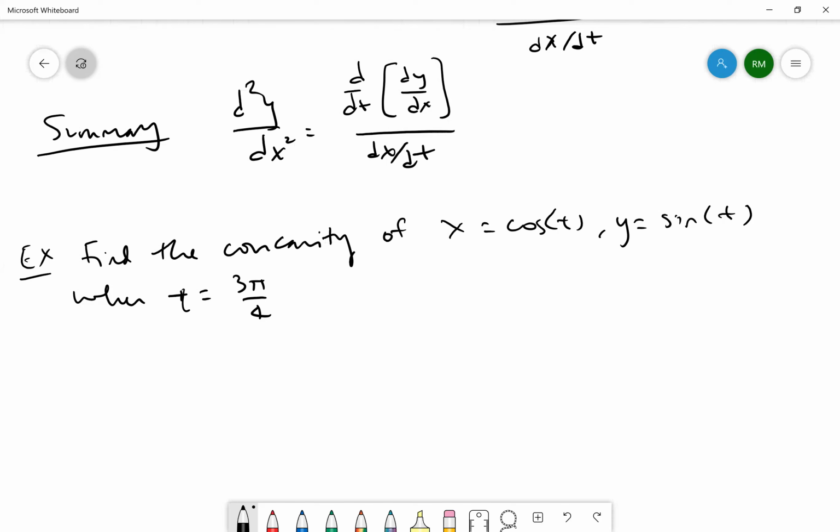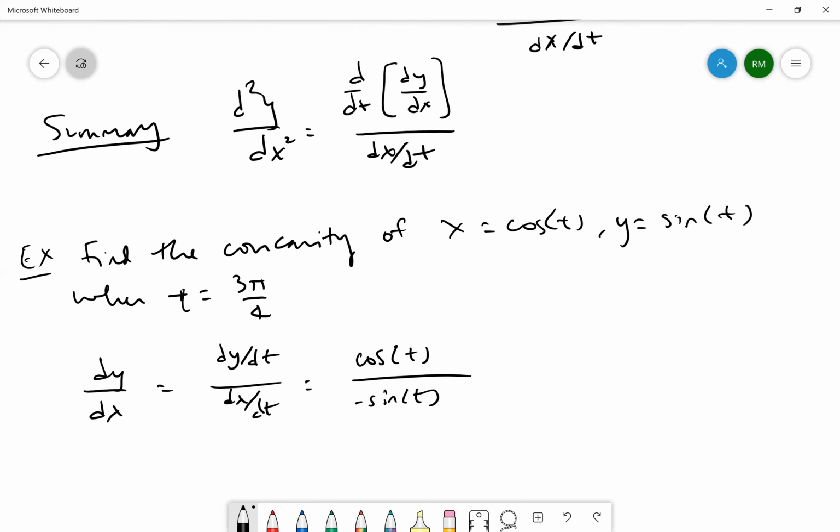Okay, so first off, we need to find the derivative of y with respect to x, and that's dy dt over dx dt, which is, let's see, we've got the cosine of t over the negative sine of t, and we'll just leave it at that.